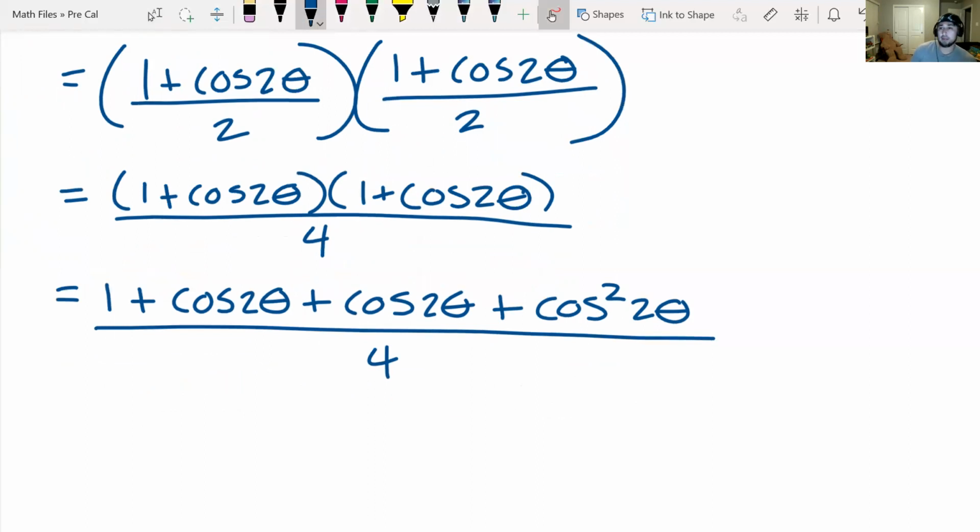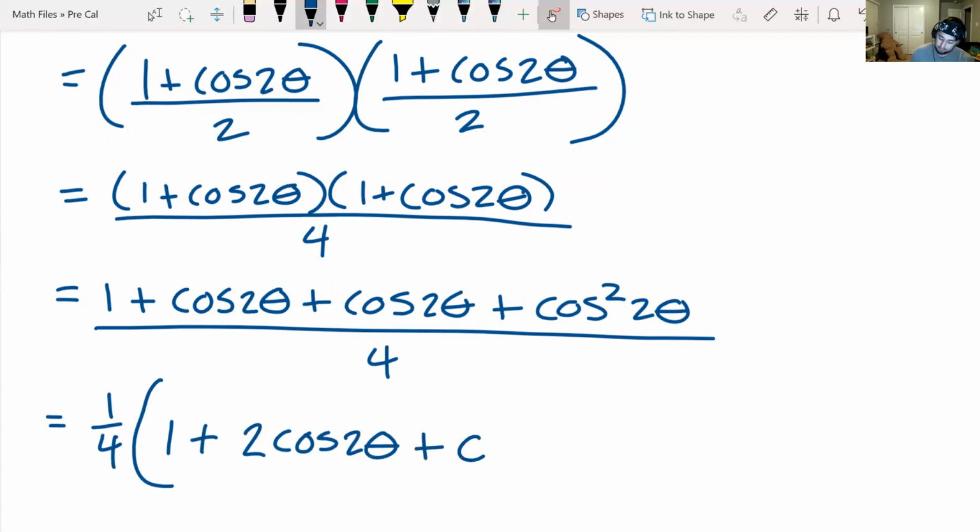All right, and to make our lives a little easier, I'm going to pull out the fraction of 1/4 and clean up the numerator a bit at the same time. So I'm going to have 1/4 out here, and inside my parentheses, I'll have 1 plus 2 cosine 2 theta plus cosine squared 2 theta.